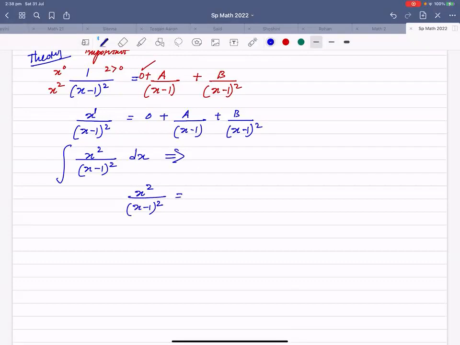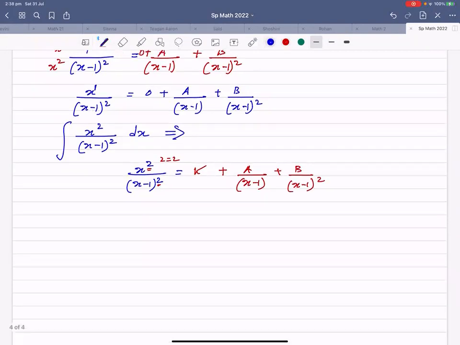So then you have to take this one, x squared divided by (x minus 1) squared. Then you know the partial fraction business. There you can see this is 2 here and 2 here, equal, right? So then you have to use a constant here, plus a divided by (x minus 1) plus b divided by (x minus 1) squared.